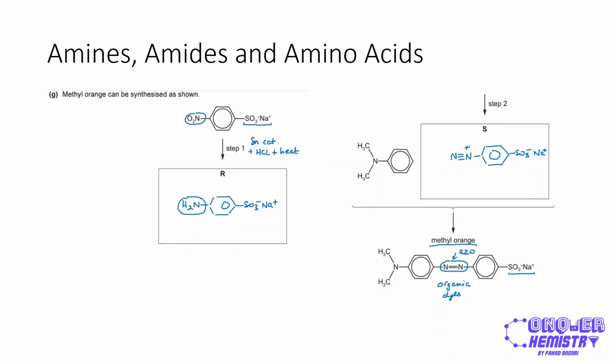Right, now this over here is going to react with this arene over here, and this positive charge makes this diazonium ion a pretty good electrophile. So all you need to do is make sure that these two react, no special conditions needed, and it's going to give us an electrophilic substitution reaction.